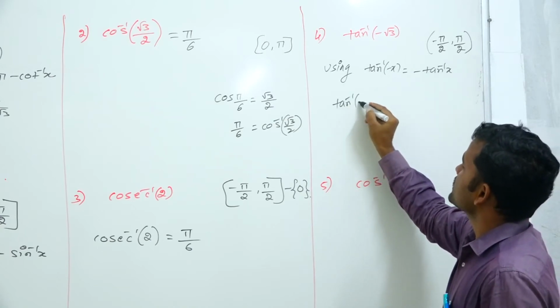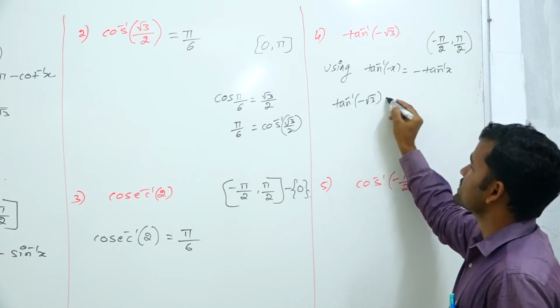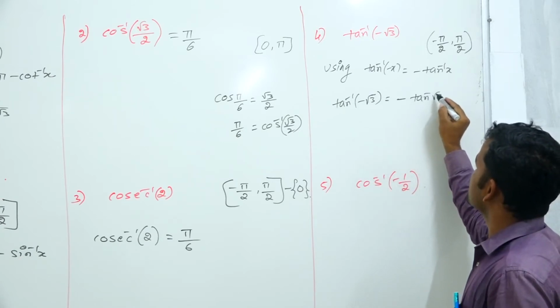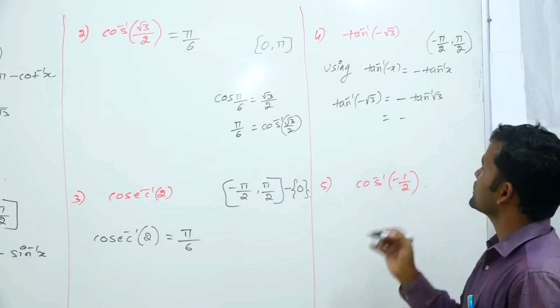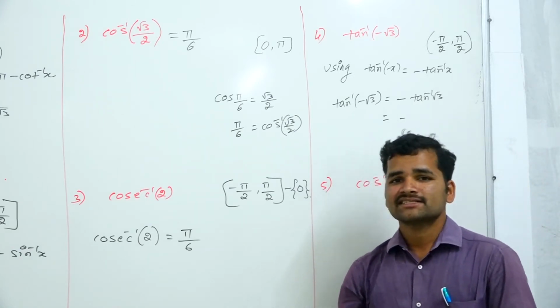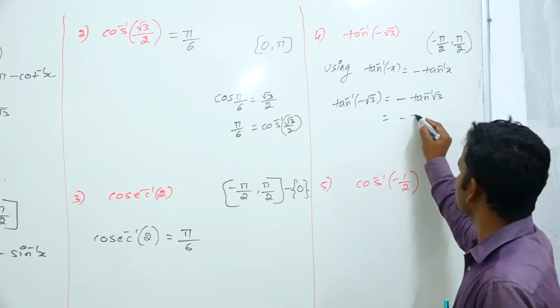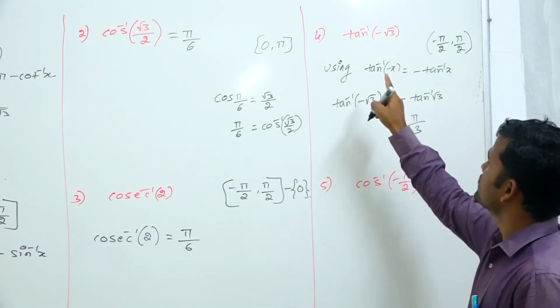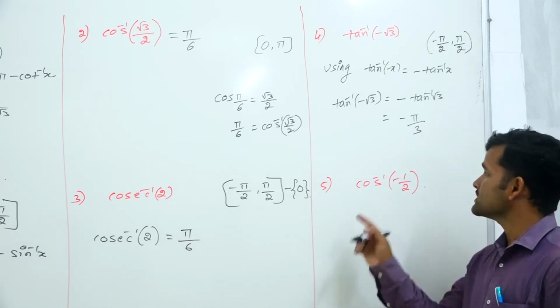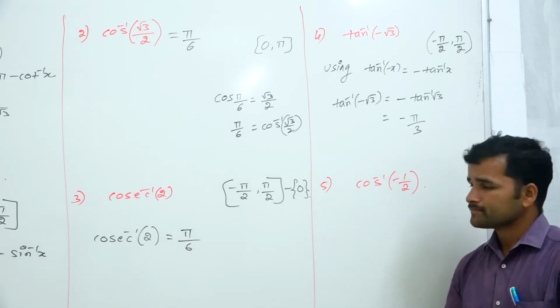Tan inverse of minus root 3 is equal to, using that, minus tan inverse of root 3. Tan of which angle gives you root 3? 60 degree. 60 degree in radians is pi by 3. So the principal value of tan inverse of minus root 3 is minus pi by 3.